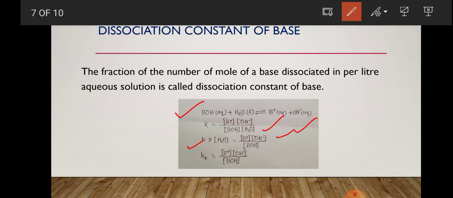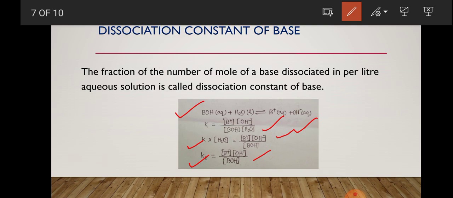And here water remains constant, so this constant with K gives another constant that is Kb. So Kb equals concentration of B plus into concentration of hydroxide ion divided by concentration of BOH. This is the dissociation constant of base, represented by Kb.